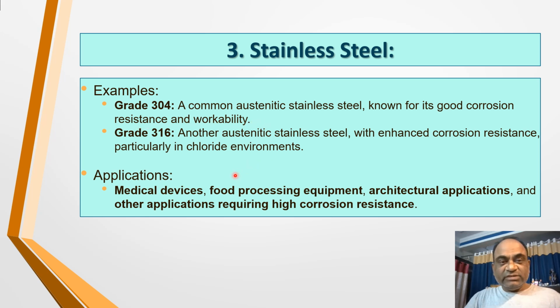Grade 316 is another austenitic stainless steel with enhanced corrosion resistance, particularly in chloride environments. Applications of such stainless steel are in medical devices, food processing equipment, architectural applications, and other applications requiring high corrosion resistance.